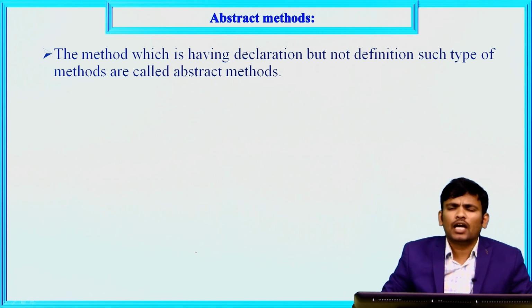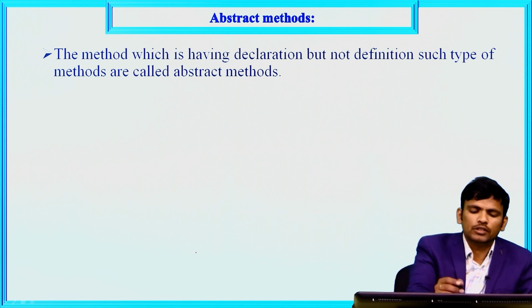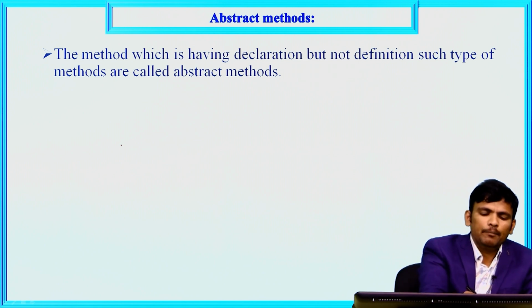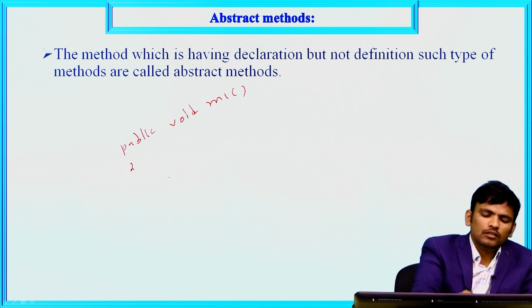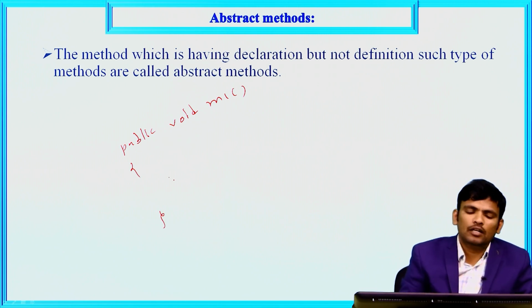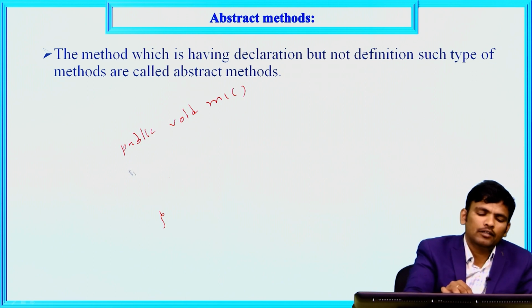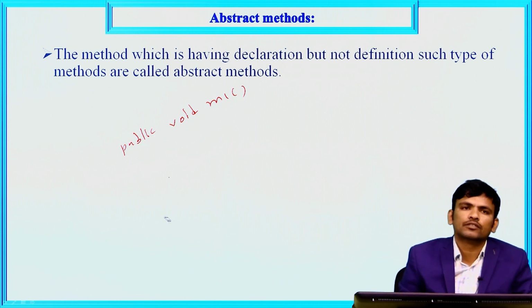Now, coming to the abstract method. As the name suggests, abstract means we need to hide the internal implementation. Suppose I have a method like public void m1, so this is the declaration part and this is the definition part. Now, I want to hide the definition.